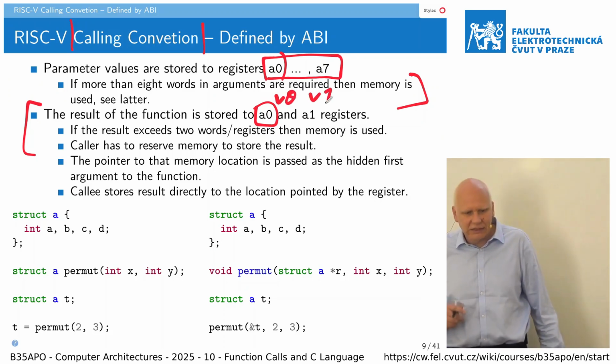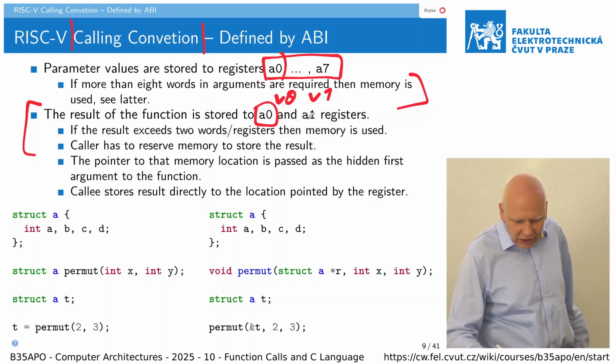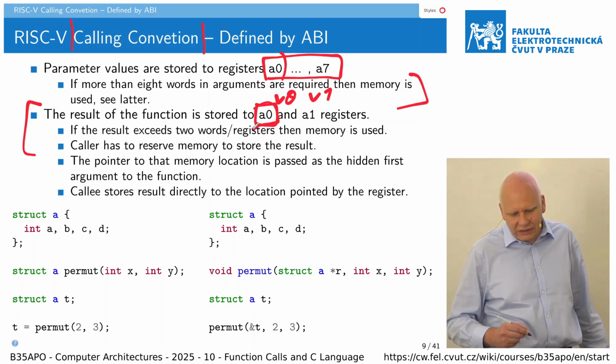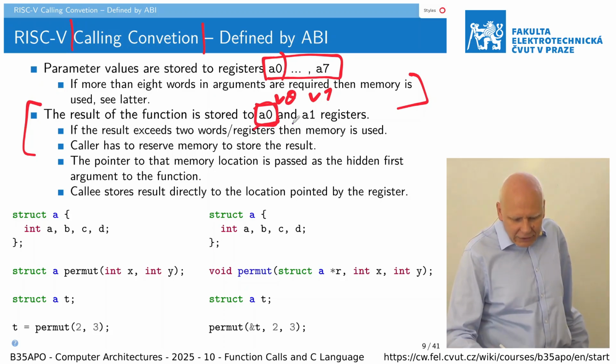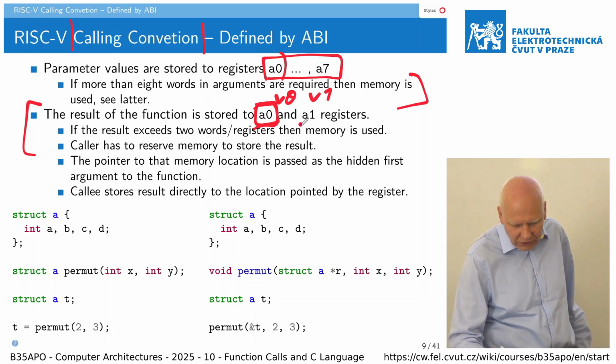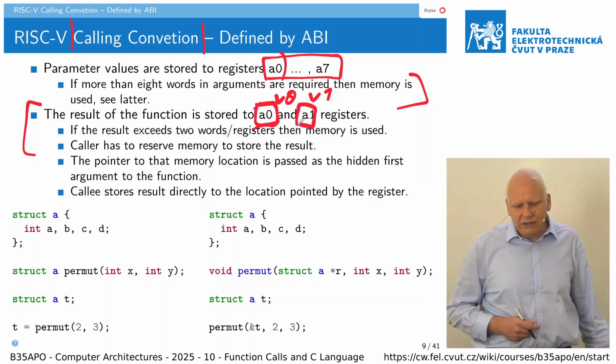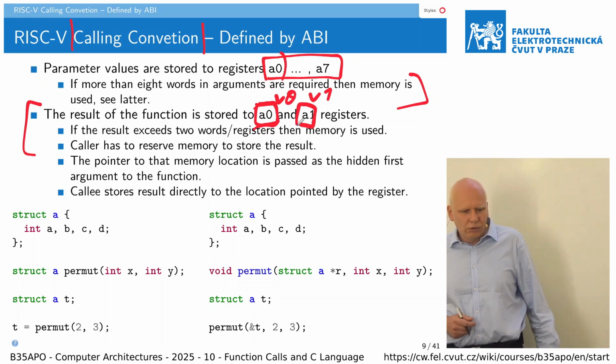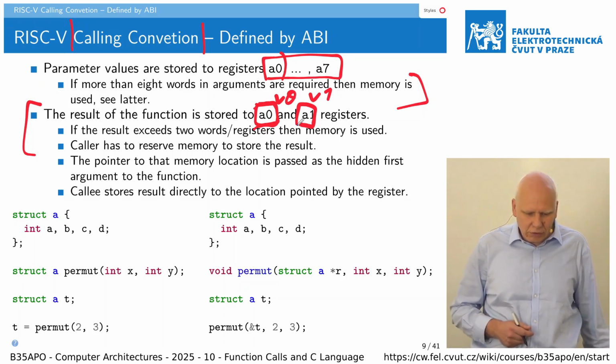But in this case the function returns the value exactly in the same registers as the first and second argument. And if it doesn't fit into the 32-bit register in the 32-bit case, or 64-bit in the 64-bit case, then A1, the second register, is used to store the rest of the return value.